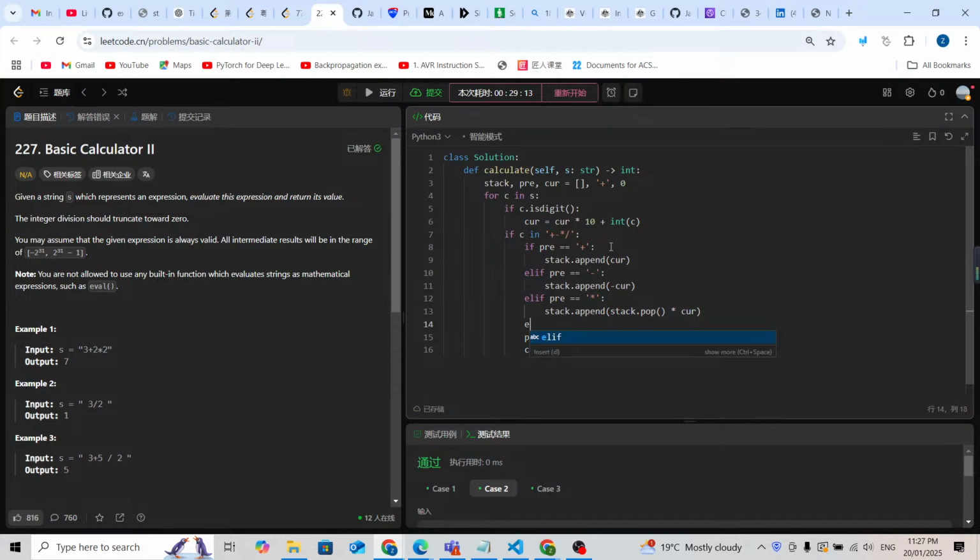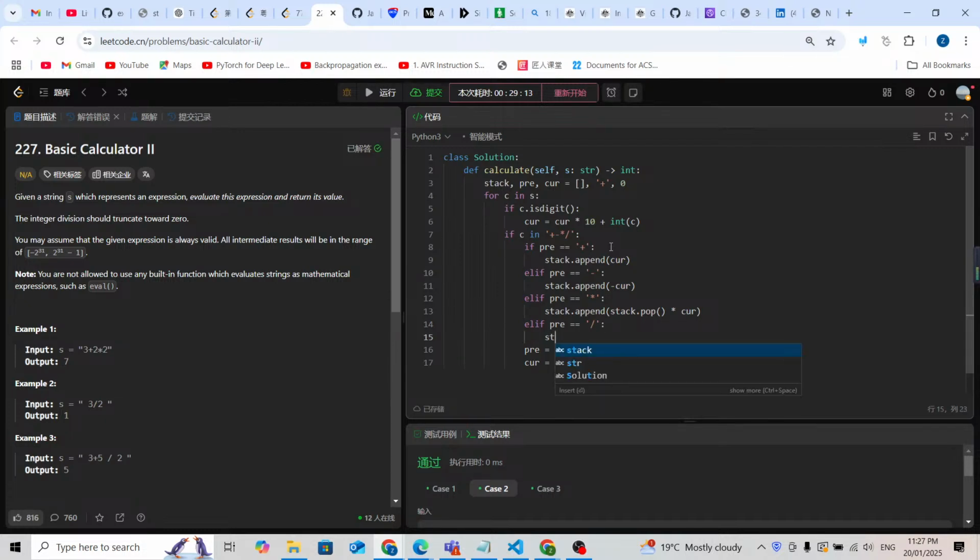For the last one, let me just use else, because definitely the previous is going to be a sign, the division sign.